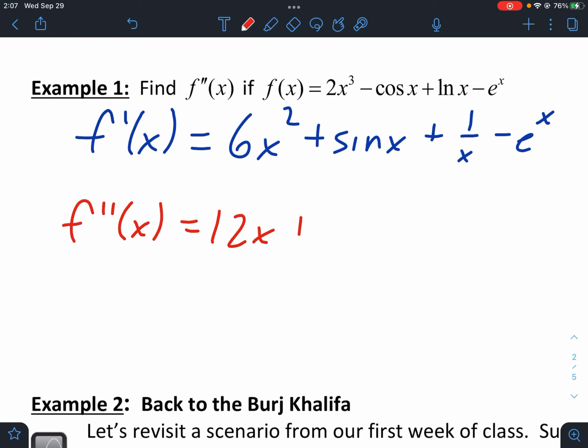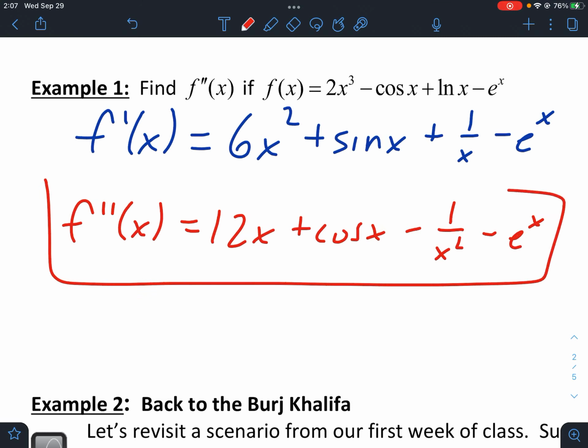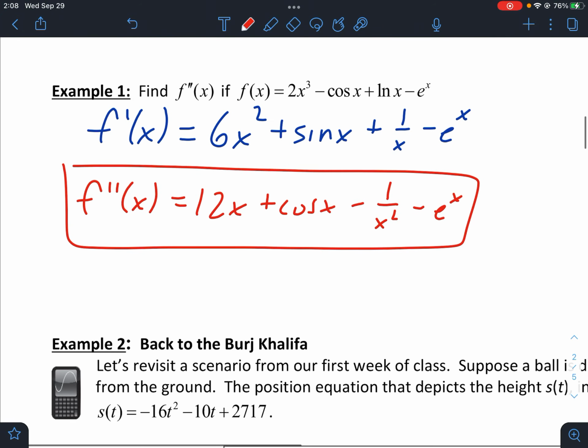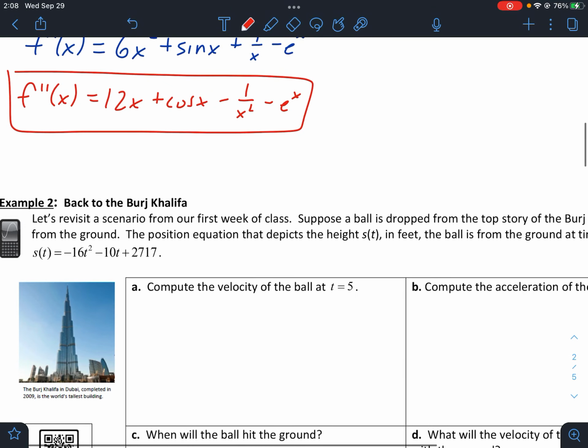So that'd be 12x plus cosine of 1 over x, remember that as x to the negative 1, so that's negative 1 x to the negative 2, or negative 1 over x squared, minus e to the x. And that's it. That's our second derivative. And then we could keep going and take a third and fourth and fifth if we wanted to. But that's where we're going to stop for example 1.